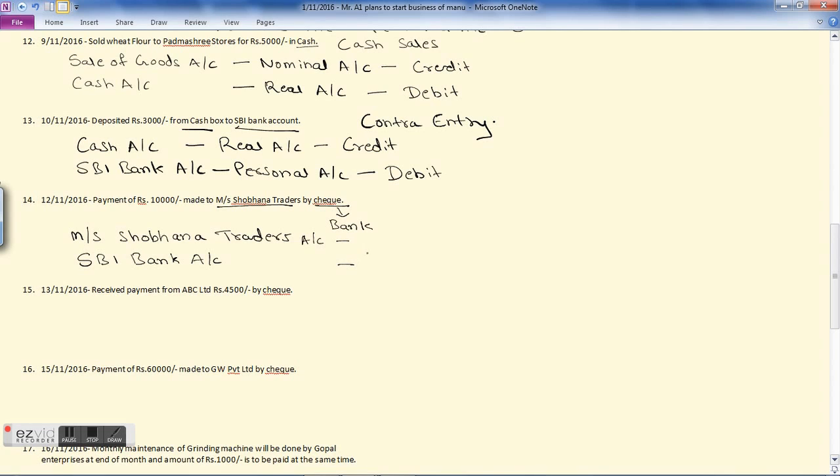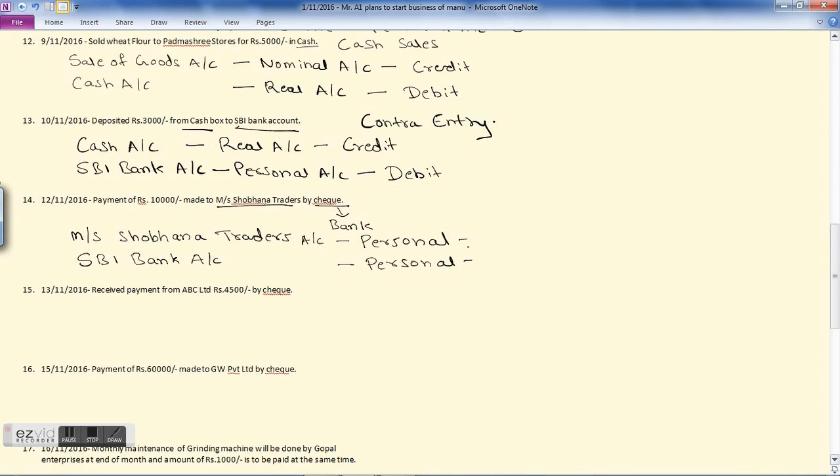Shobna Traders, it's an artificial individual, right? So what is the type of account? It's a personal account. Then SBI Bank, again it's an organization. So what is the type of account? It's a personal account.